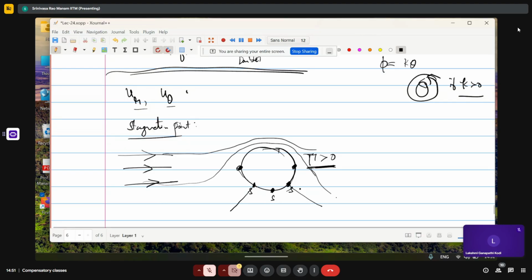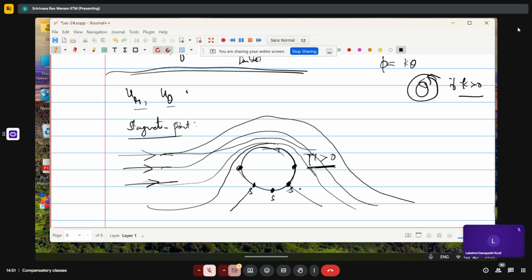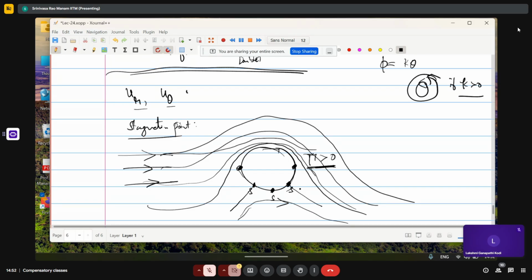This flow is going like this. Passing through the stagnation point, these are your streamlines. This is how it looks if your stagnation points are here.